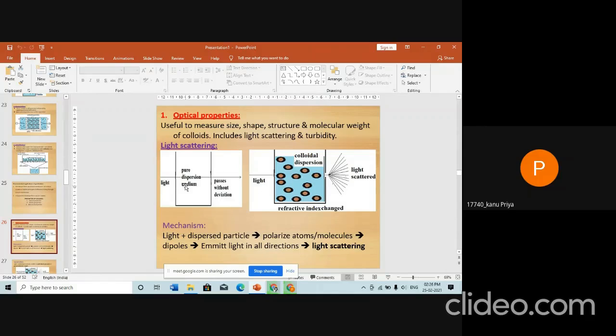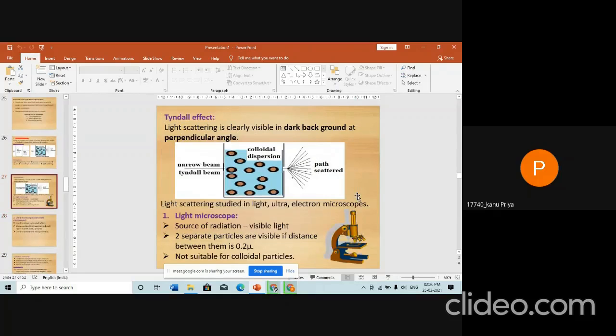In this diagram, we see light passes through a pure, simple dispersion medium without deviation. When the light is passed through the colloidal dispersion, light scatters. Now we study the Tyndall effect. The Tyndall effect is observed in the interaction of particles with light.